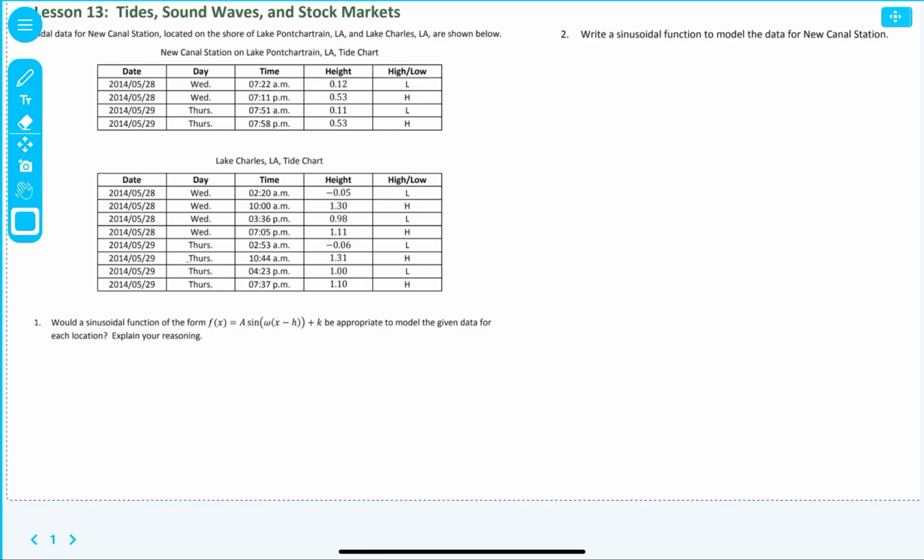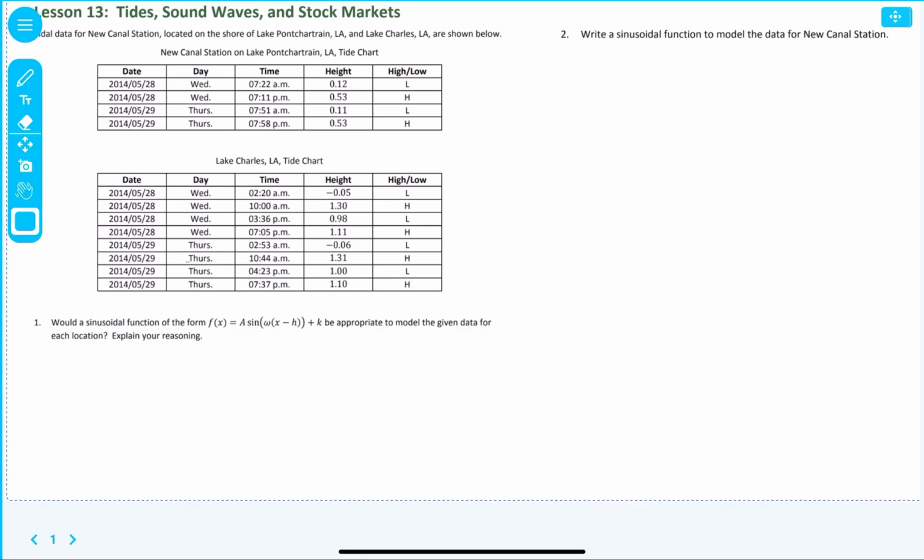So if we have some type of repeating patterns on there, we might be able to set it up in a sinusoidal function. Okay? Like the tides. You have high tide, low tide, high tide, low tide, high tide, low tide. That's going to be repeating. Sound waves. I don't know much about that, but I know sound waves bounce back and forth, right?